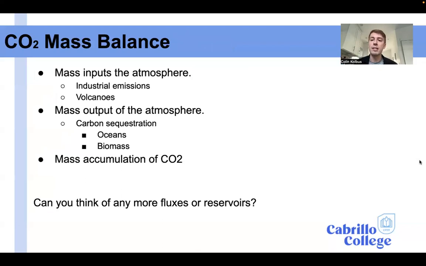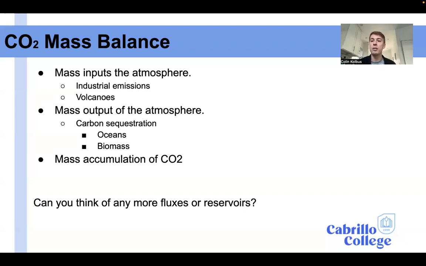Here's another one: maybe the CO2 mass balance in the environment, the atmospheric mass balance of contaminants. Mass inputs into the atmosphere can be industrial emissions, volcanoes, cellular respiration. The mass output of the atmosphere could be carbon sequestration into the ocean or the biomass. Once that carbon has exited the atmosphere, it's no longer in our control volume, so it's not of interest. If it's in the ocean, it's no longer in the atmosphere, and so that is an output of CO2 from the atmosphere into the ocean.